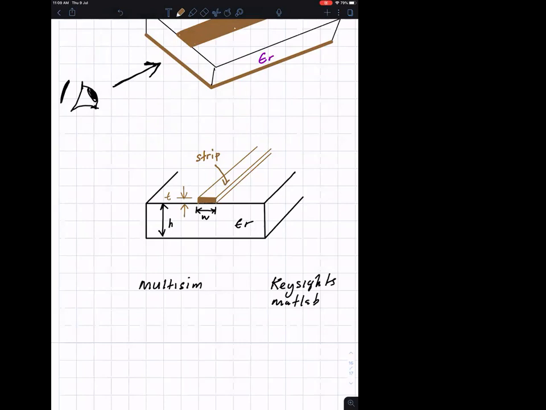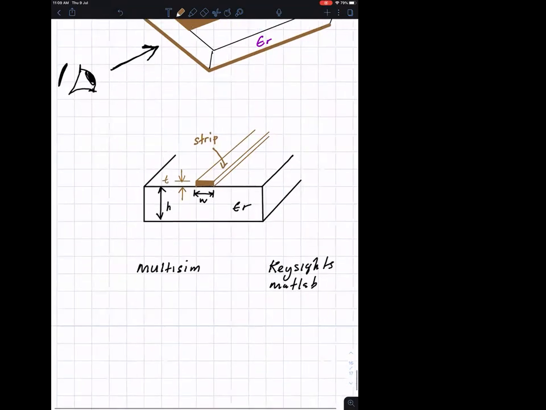Thickness of the copper track, copper trace. T is the thickness of the copper trace.